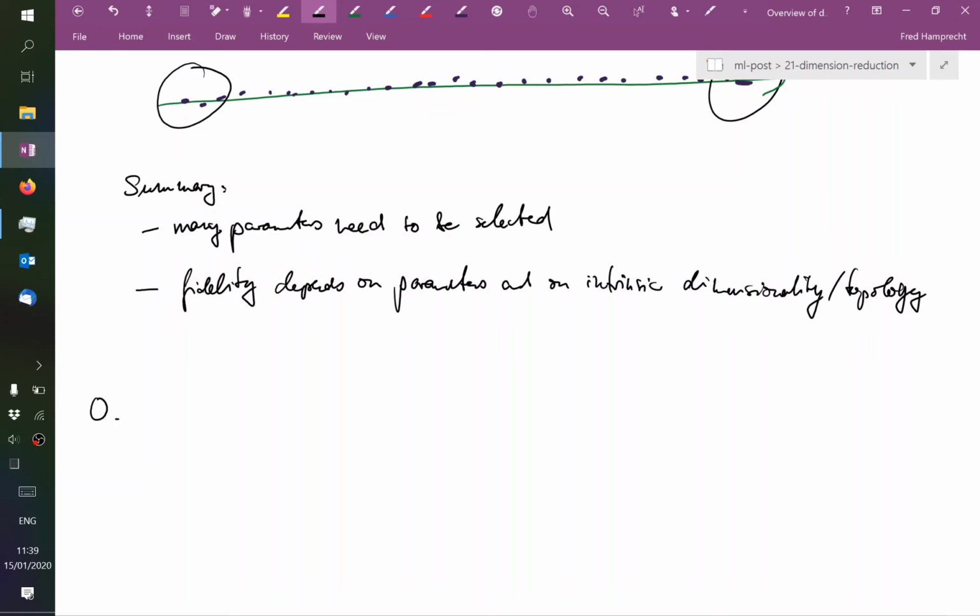Let's see. I want to talk about principal component analysis again, because some of the methods will build on this, but from a slightly different viewpoint, namely in terms of the singular value decomposition. Who has heard about singular value decomposition before? All right, thank you.